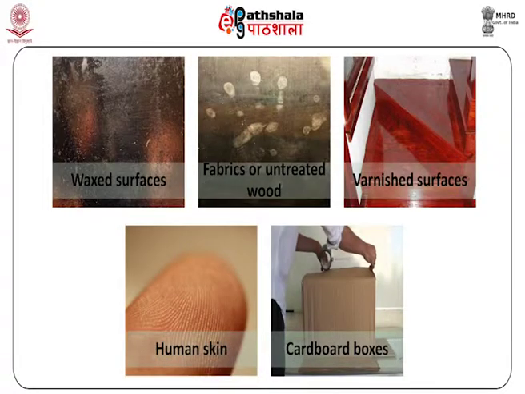Then we have waxed surfaces. Next is fabrics or untreated wood. Varnished surfaces means the surfaces that have been painted or varnished. Human skin, cardboard boxes and other porous or non-absorbent surfaces.